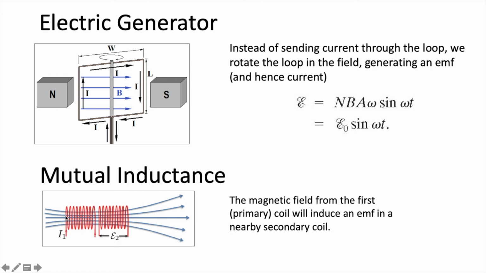And if current is flowing in this loop, a magnetic field is generated around any current-carrying wire. This blue line here is the magnetic field induced by the current-carrying wire.